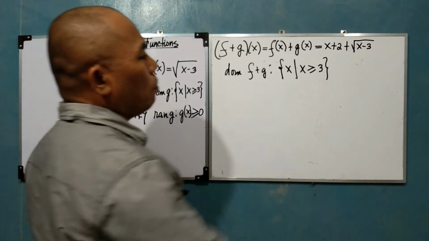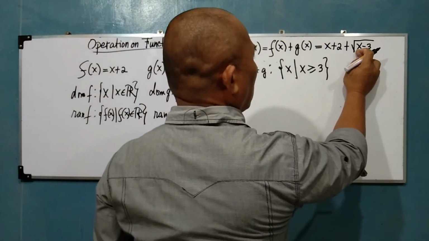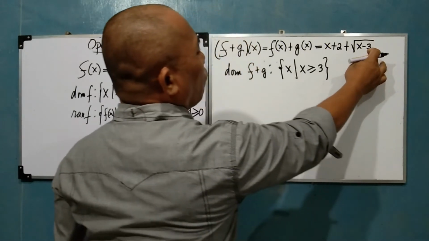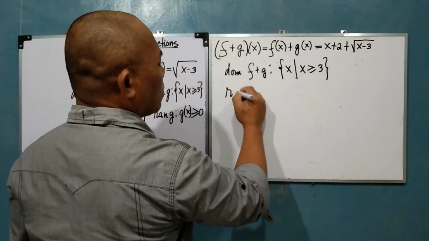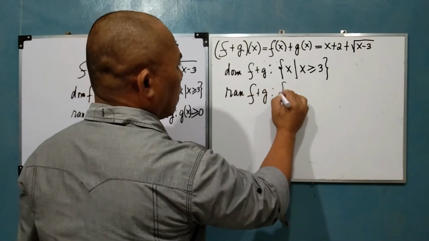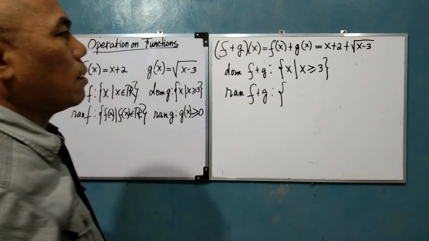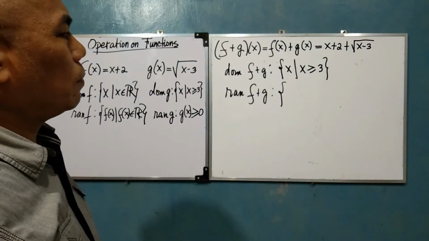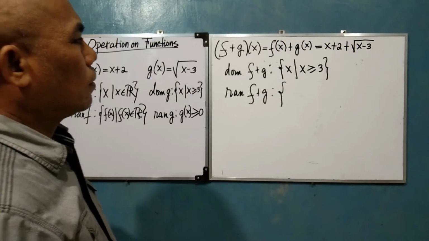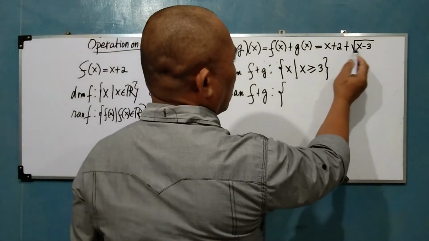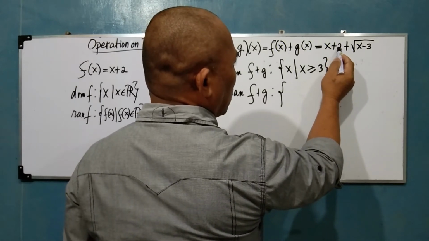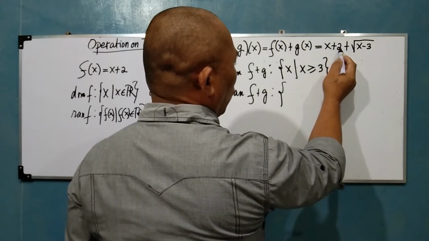So if at x equals 3, this is 0, then what is the smallest value of the range? It is 0 plus, this is 3 plus 2, 5.